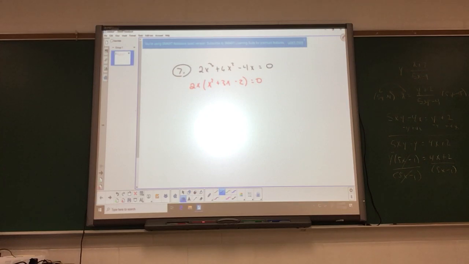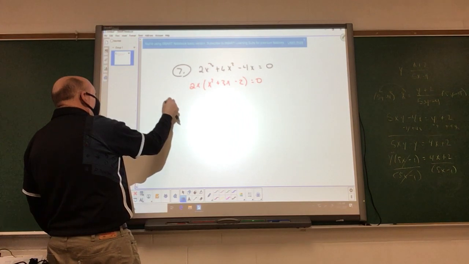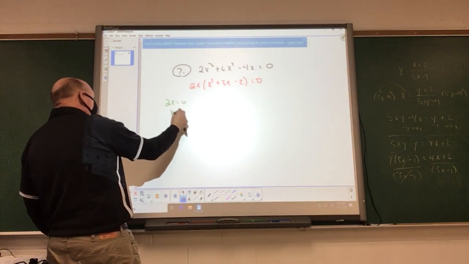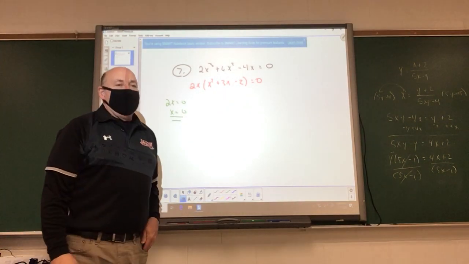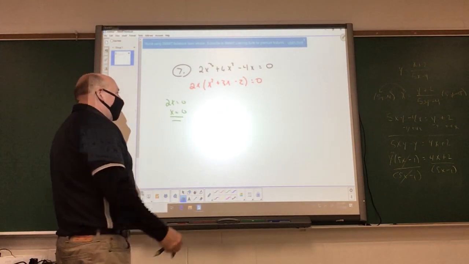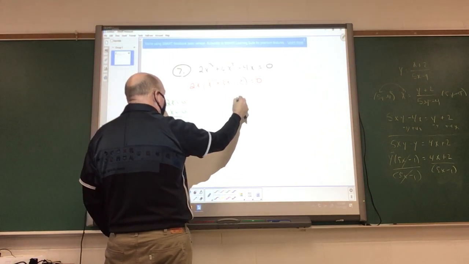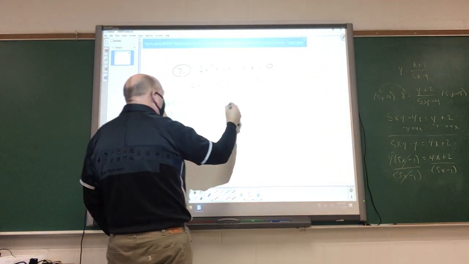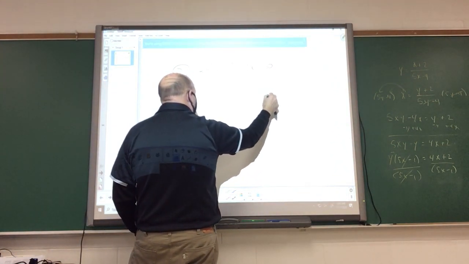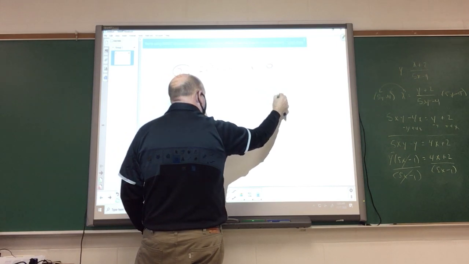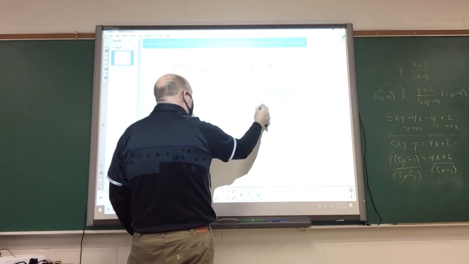So we had 2x could equal 0. This gives me x equals 0 is a zero. This is not factorable, so you have to run this through the quadratic formula. So we have x is equal to -3 plus or minus the square root of 3 squared minus 4 times a times c, over 2 times 1.